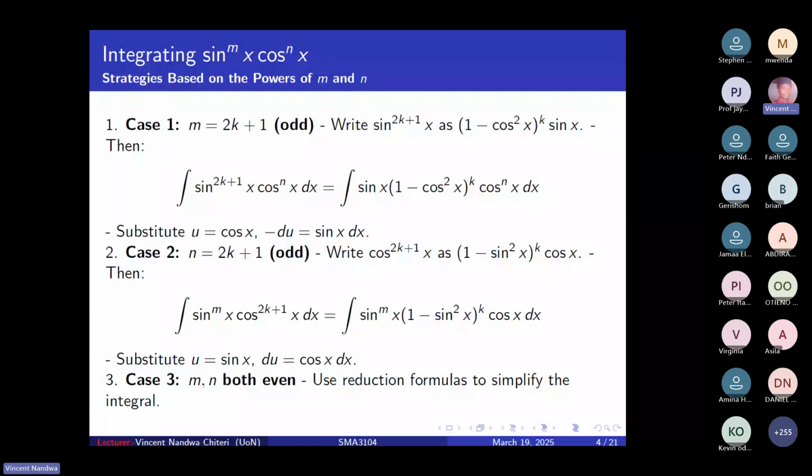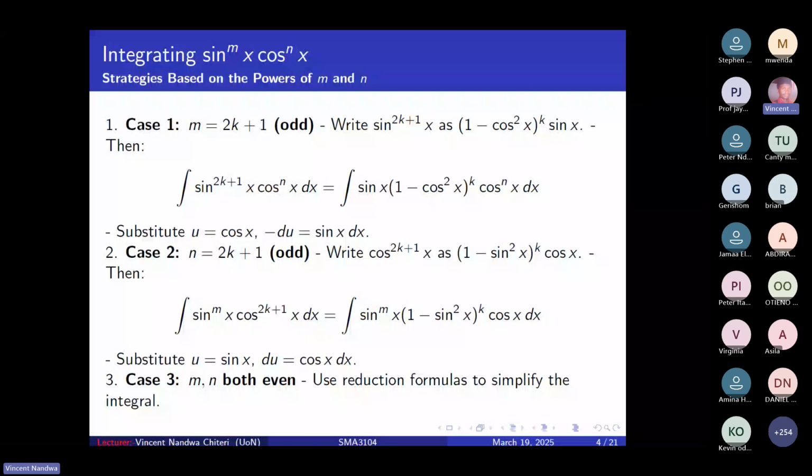Excuse me, what about if both are odd? If both are odd, you can either use case 1 or case 2. You can decide to go with case 1 or case 2 when all the powers are odd numbers.